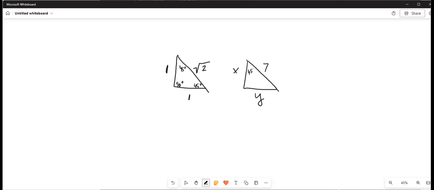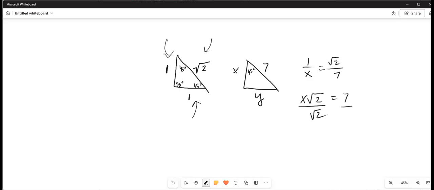It's given that this is 45 degrees. So you know that the proportions for a similar triangle are going to be this, and you can use these ratios to find the missing sides. You can say, 1 is to X as square root of 2 is to 7, and you can solve for this. So X times square root of 2 equals 7.